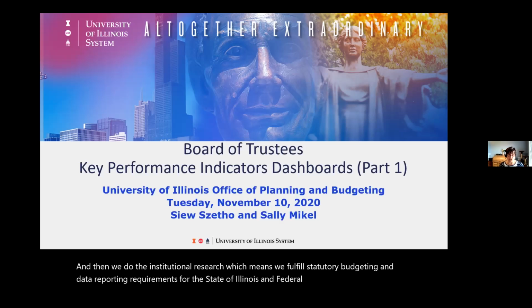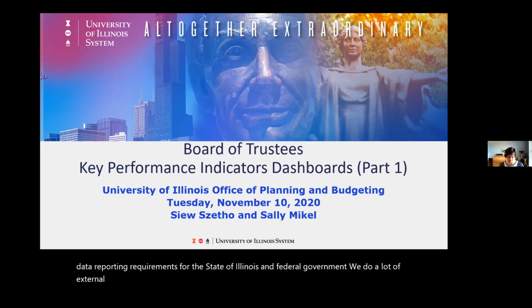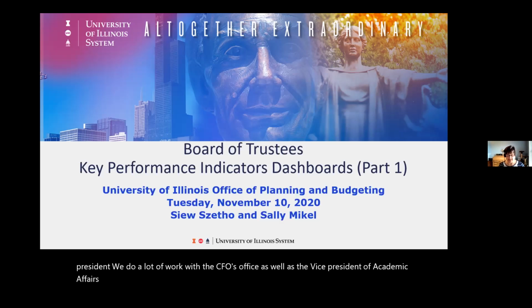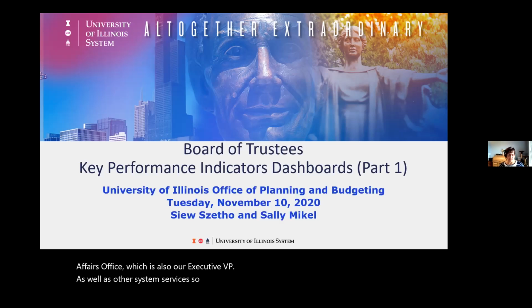We do a lot of external communications. At the system level, we support the executive offices, including the president. We do a lot of work with the CFO's office, as well as the Vice President of Academic Affairs office, which is also our executive VP, as well as other system services. So we do the same thing a lot of IR offices do as far as reporting, analytical analyses, creating visualizations, and projects and processes.